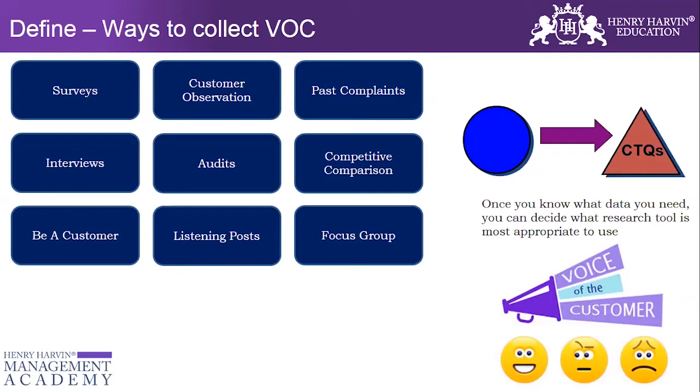We should do a thorough research investigation to come up with something so that we would be able to meet the customer requirement. So whenever we are collecting the VOC, it is very, very important for us to look at all these ways. So we as an organization, we as a process can use any of these methods to understand what the customer is looking for. Okay. I hope this is clear to all of you.